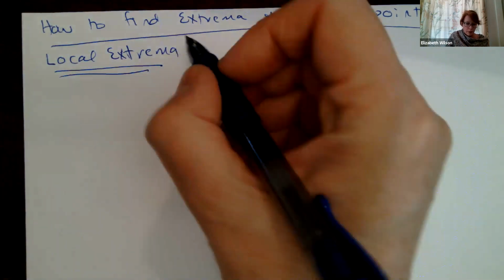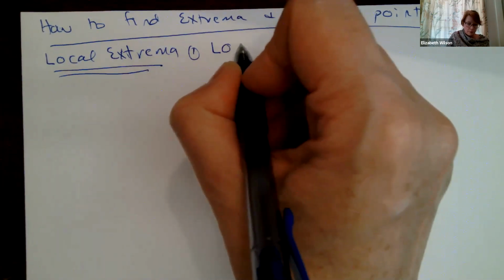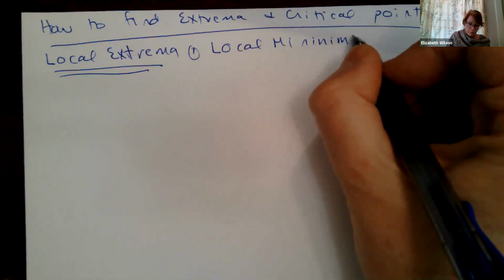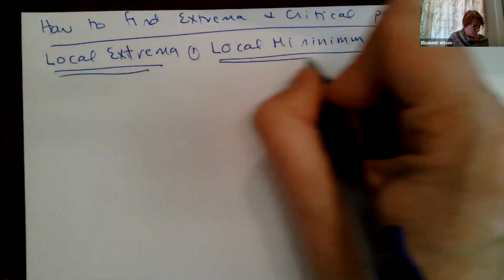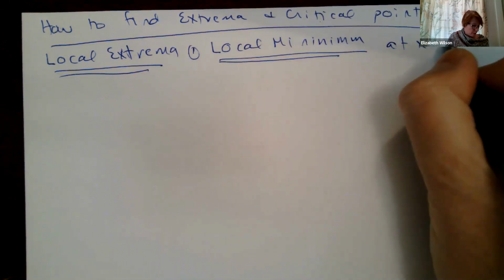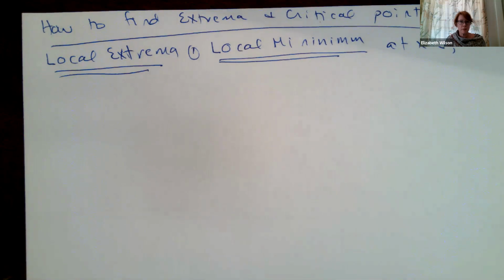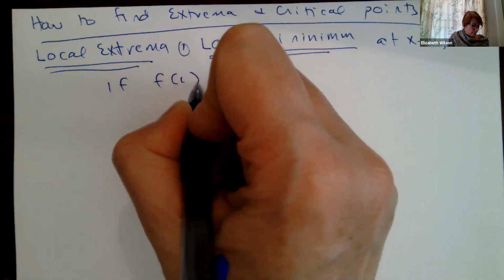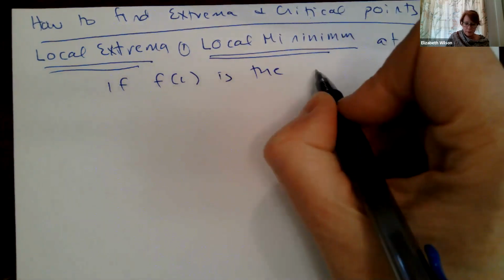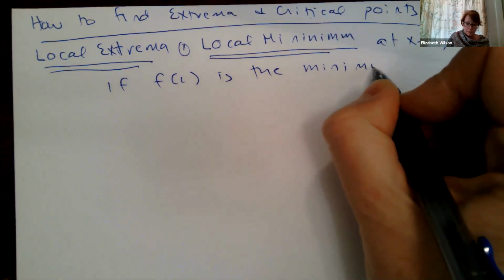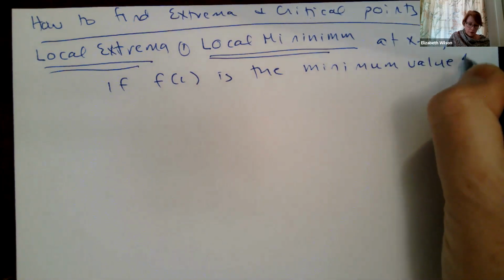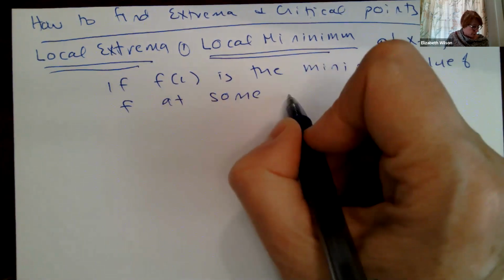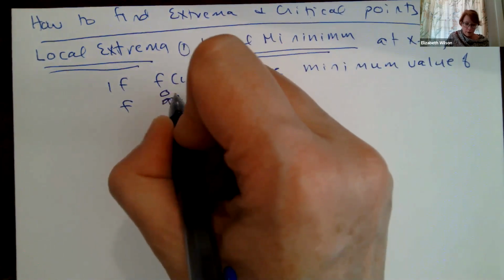Okay, local extrema. First off, we're going to talk about a local minimum at x equals c. So x equals c is our local minimum if f of c is the smallest value, our minimum value of our function on some interval.